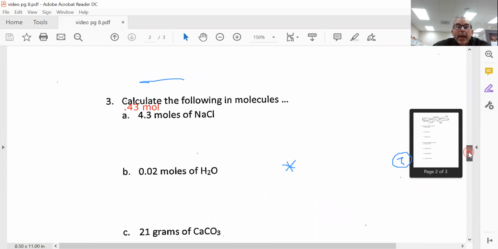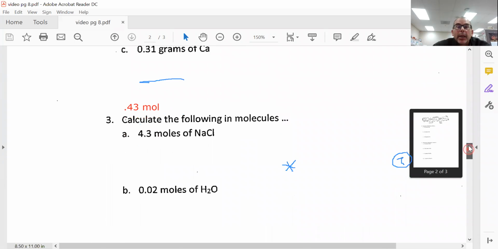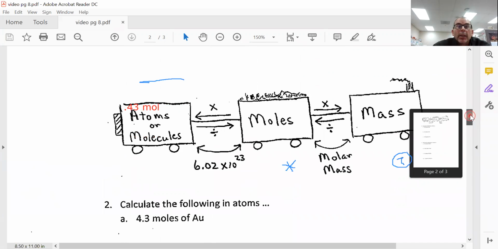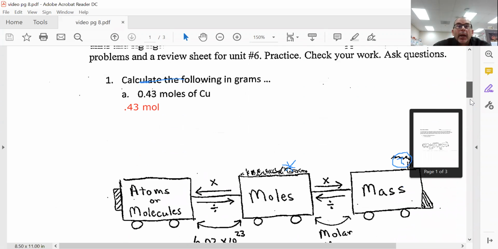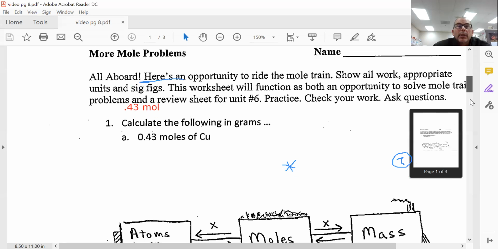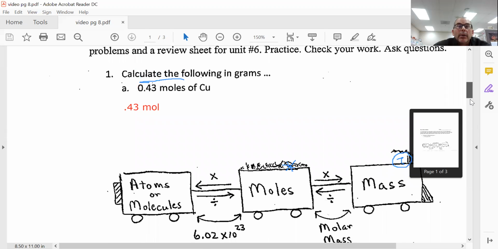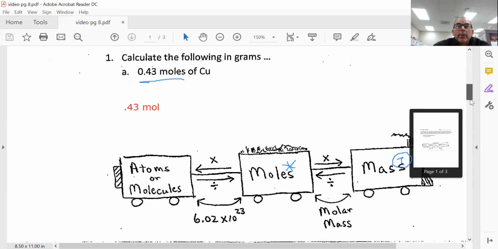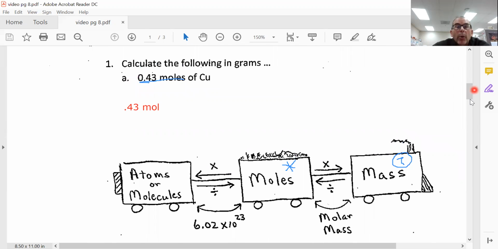So I'm going to bring that number back up and work with it here. We said it was 63.5 grams, or with two sig figs, I could round it to 64. Either way is fine. And I'm going to put a times sign here.